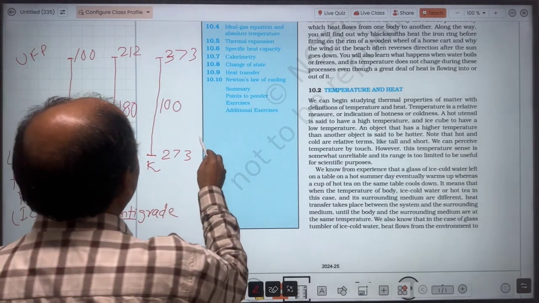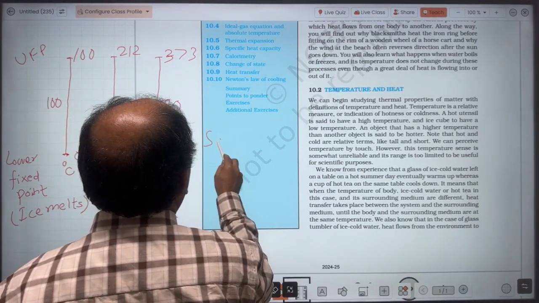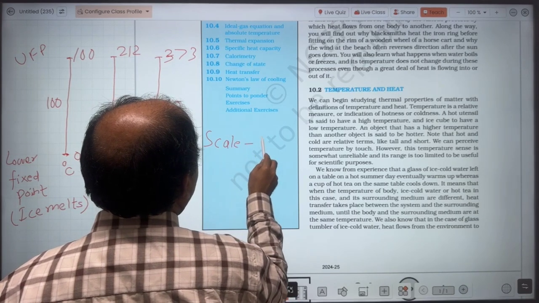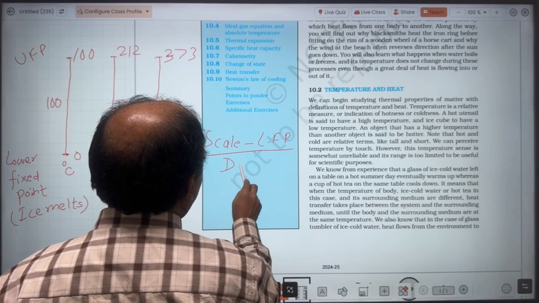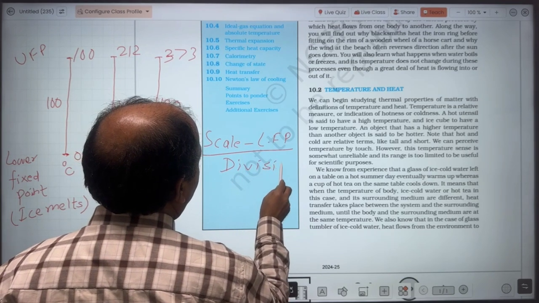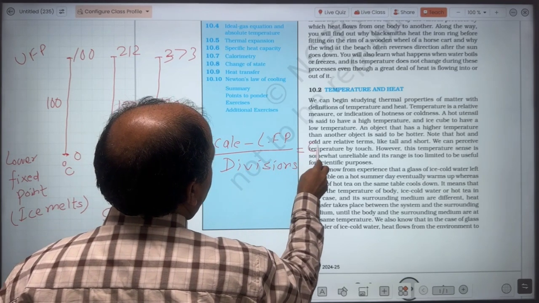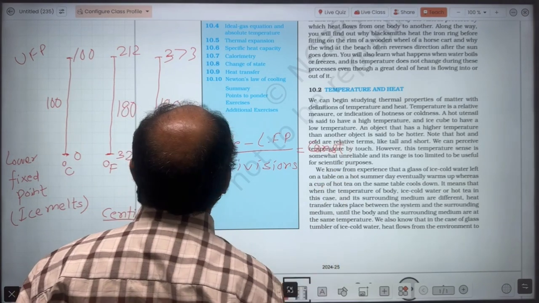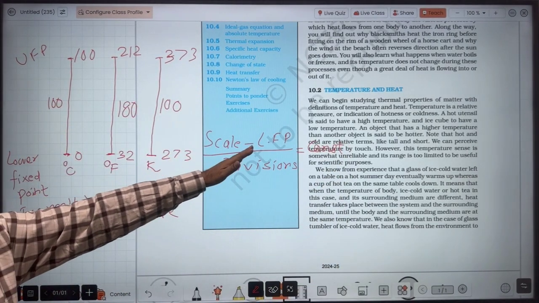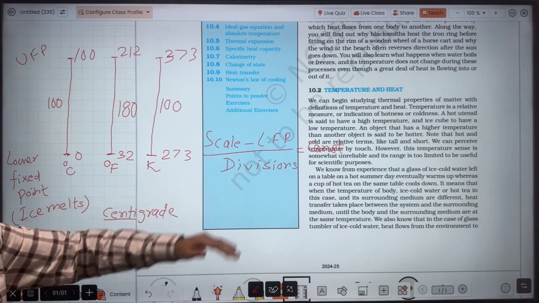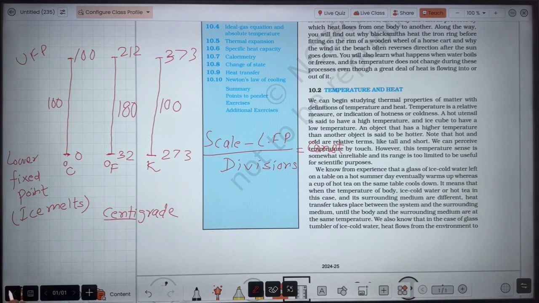Now what is the relation? The relation is: name of scale minus lower fixed point, divided by number of divisions, equal to a constant.